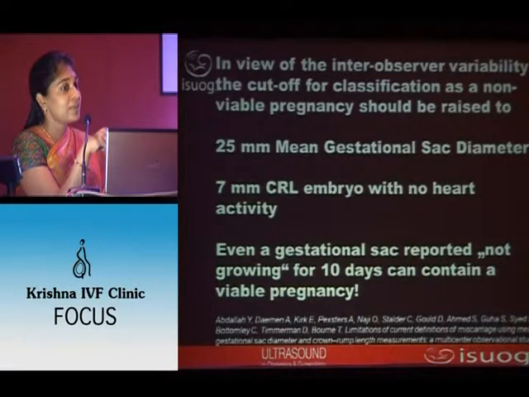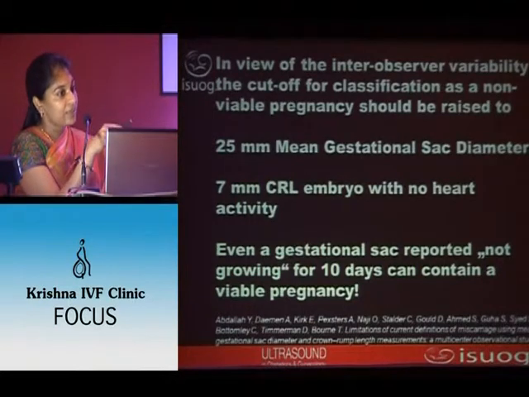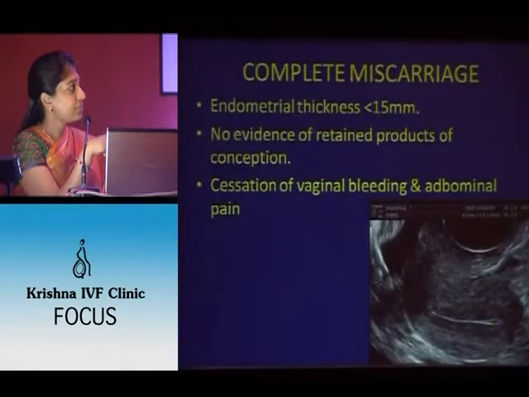Mean sac diameter doesn't mean one measurement. It is 3 measurements taken orthogonally, which give a mean sac diameter, and the CRL of at least 7 millimeters. Usually we take the interval growth 7 days apart. Now they say we have to wait at least 10 days. If there is no growth, then only you call it a miscarriage.